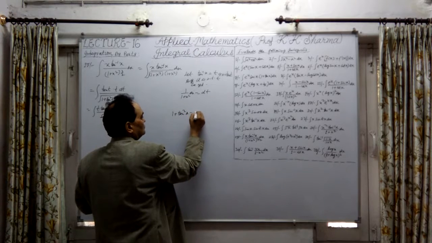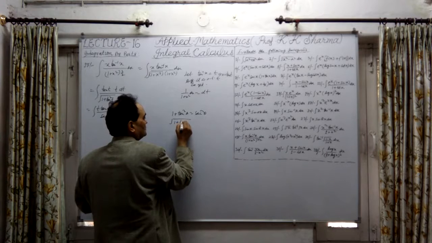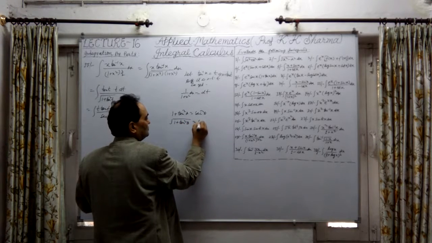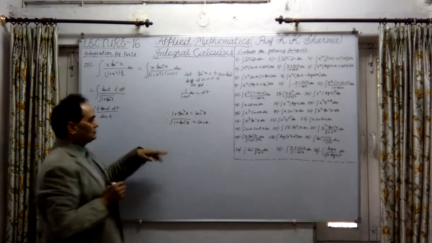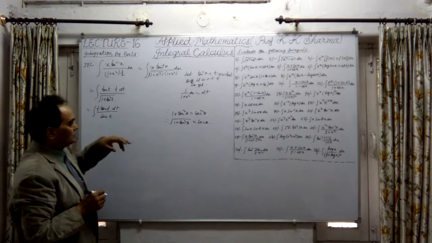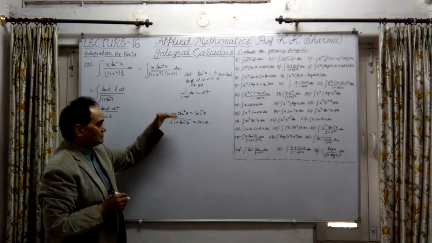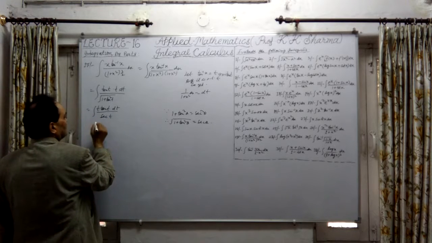We know that it is equal to sec square theta. Therefore, the square root of this is equal to sec theta. Since we have substituted 1 plus tan square theta equal to sec square theta, the square root of this will be sec theta only. We have substituted sec t.